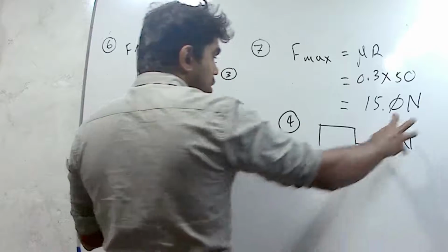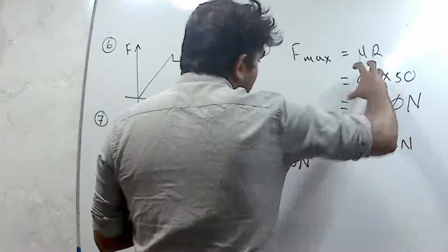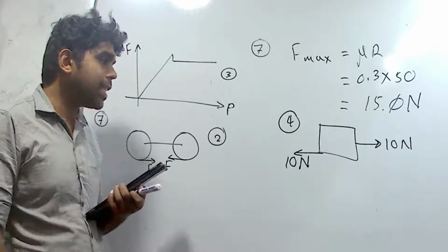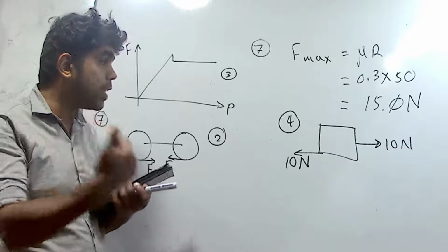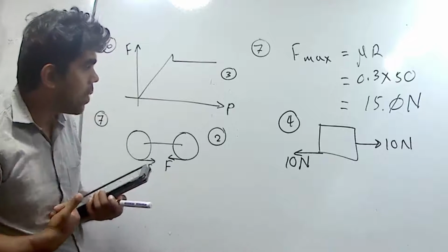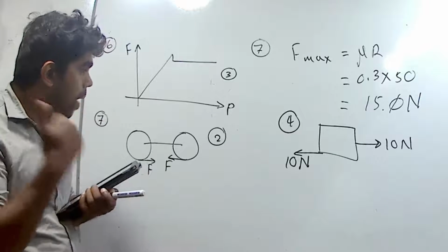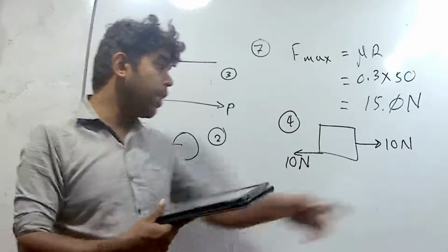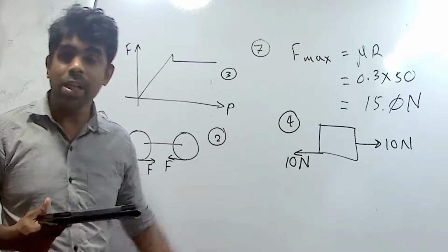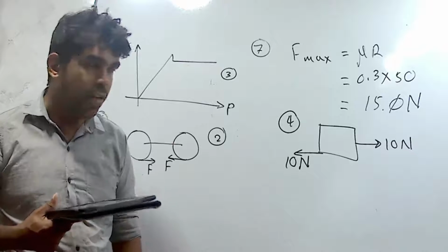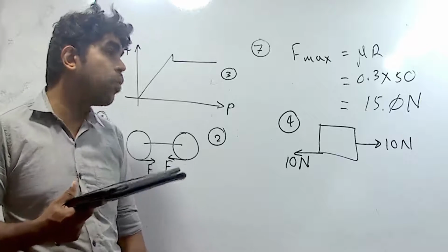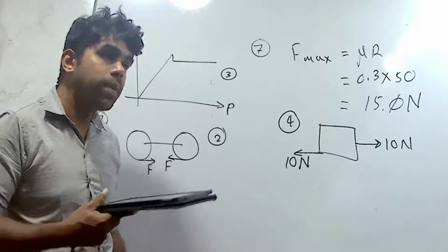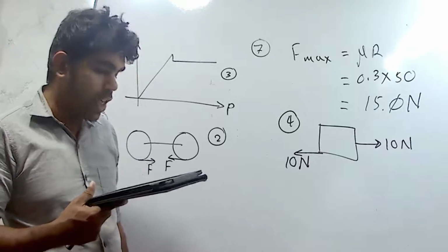If the given force is greater than the frictional force, it will move along the horizontal axis, and then we have to consider acceleration of the system and use F equals ma. But in this condition, the given force is less than the maximum frictional force. Therefore, the object is not moving. It means the given force is equal and opposite to the frictional force.